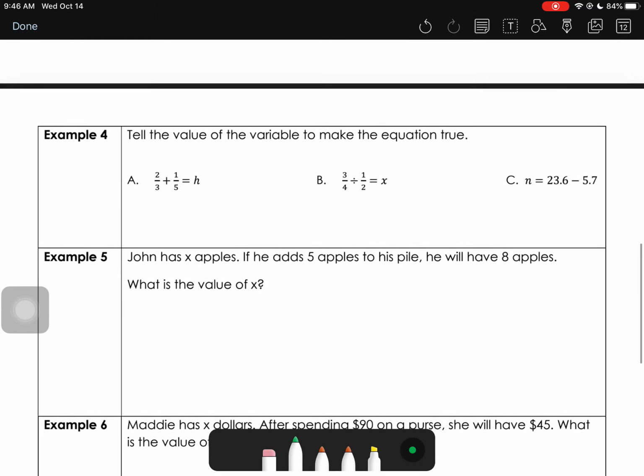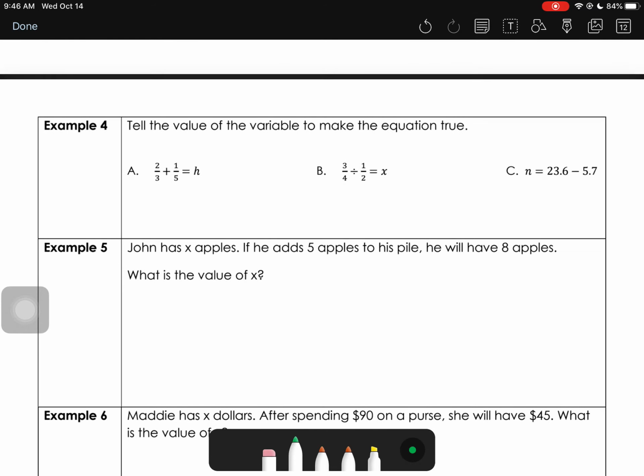Tell the value of the variable that makes our equation true. Here we're adding fractions. Remember, we have 2/3 plus 1/5. Our common denominator is 15.